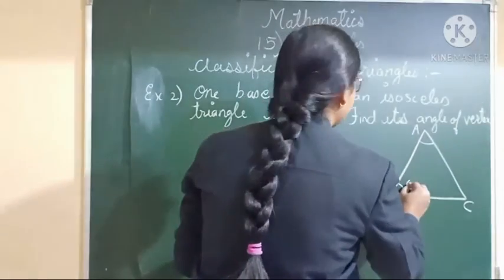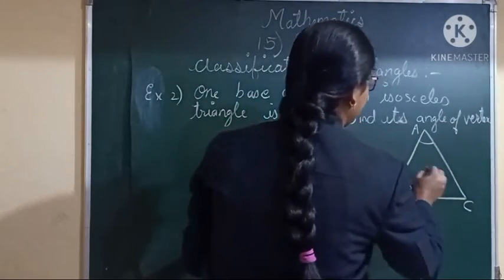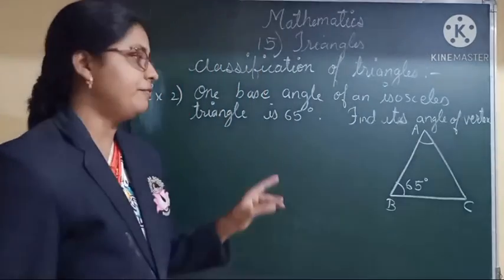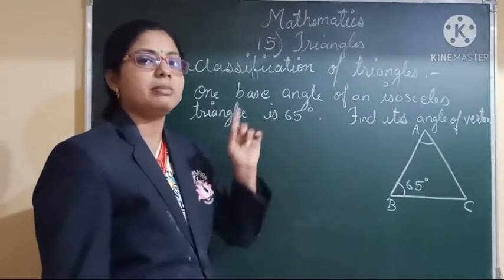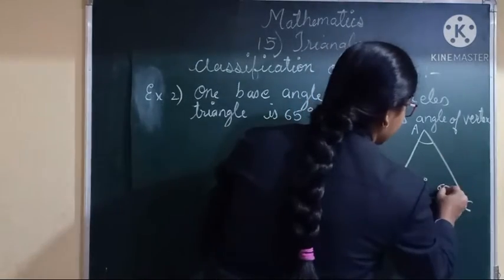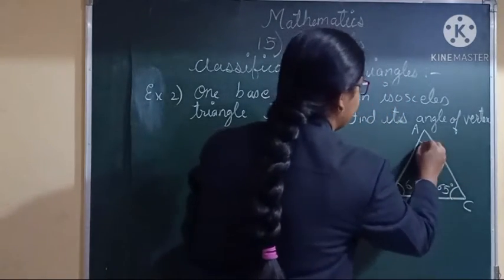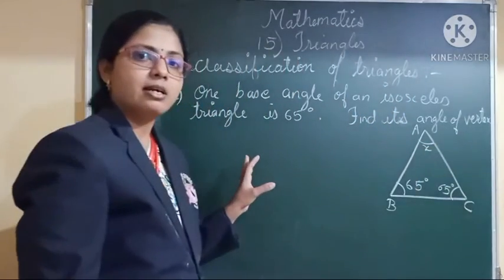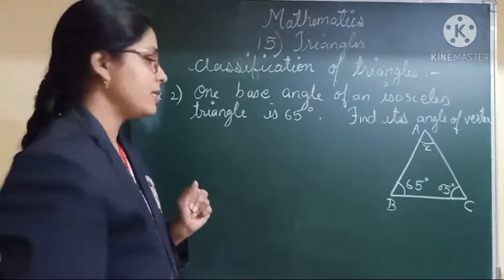One base angle is given, that is 65 degrees. We know that in an isosceles triangle, base angles are equal. So C and B will be equal, so it will also be 65 degrees. And this we will consider as x. Go through the steps now.